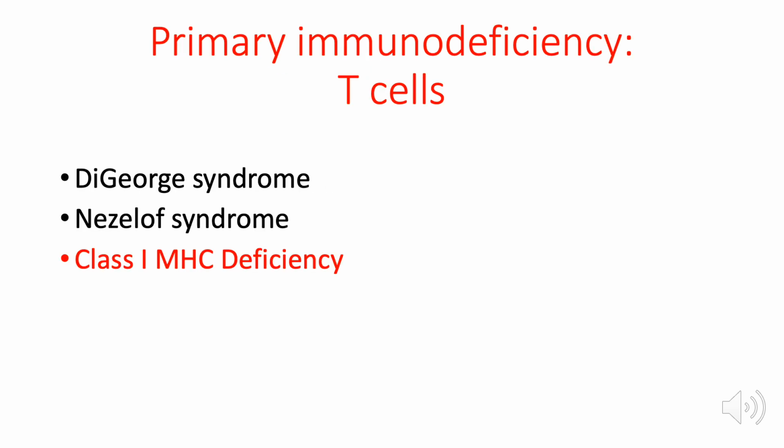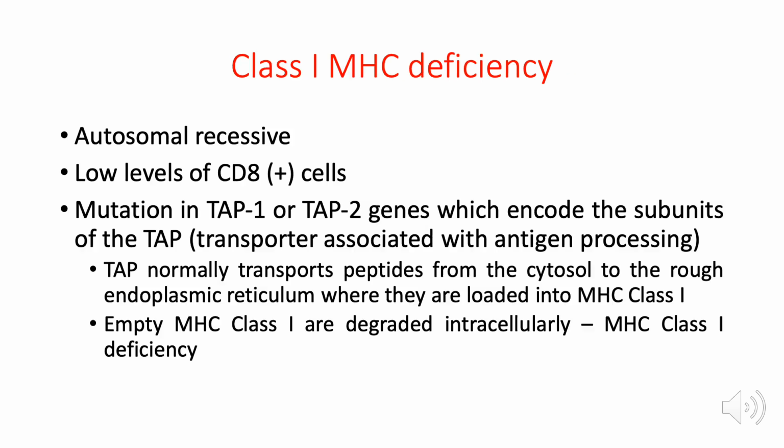Now, we'll move to class 1 MHC deficiency. Class 1 MHC deficiency is an autosomal recessive disorder, meaning you need to get two abnormal genes from your parents before you will manifest the clinical signs and symptoms.